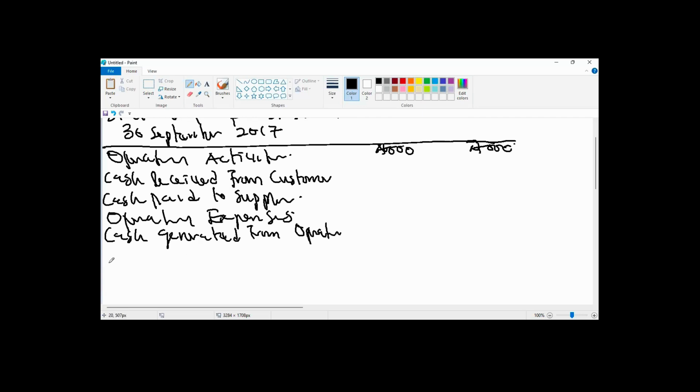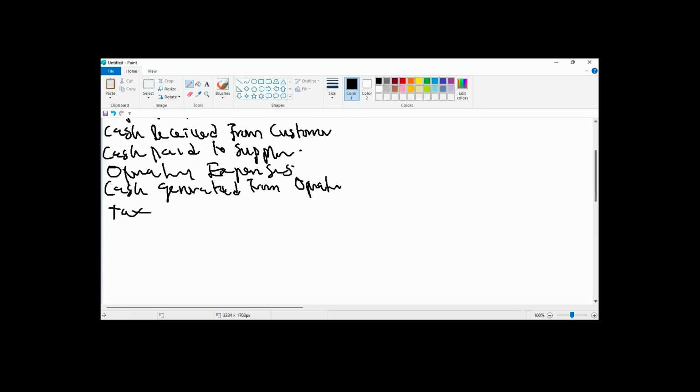They will not say tax, to give me net cash flow. Net cash flow from operating. That's all.